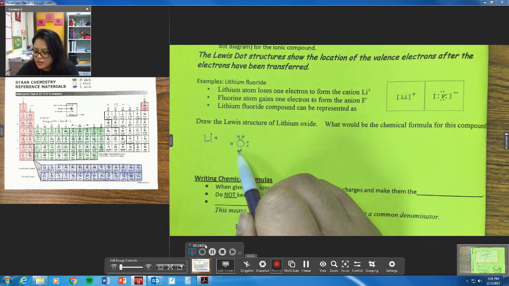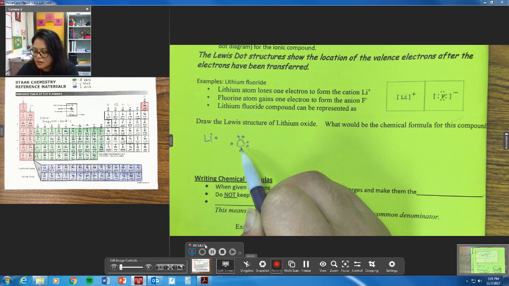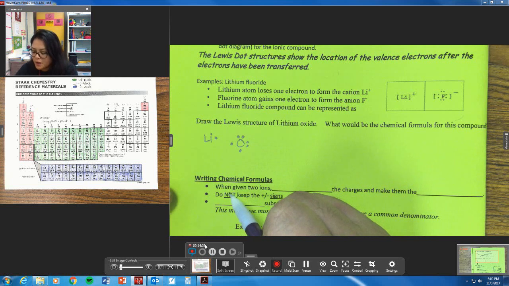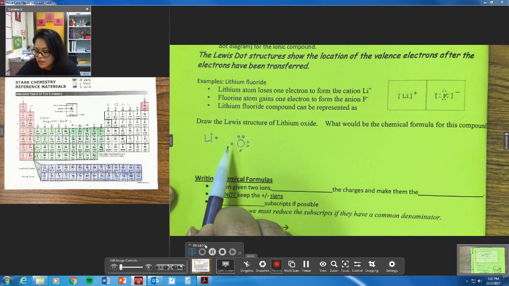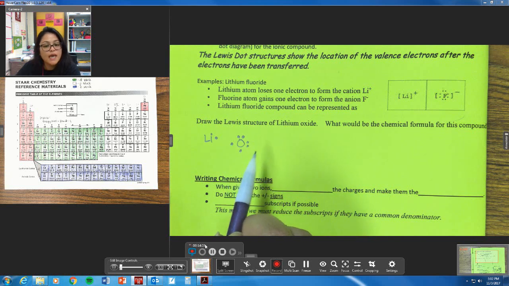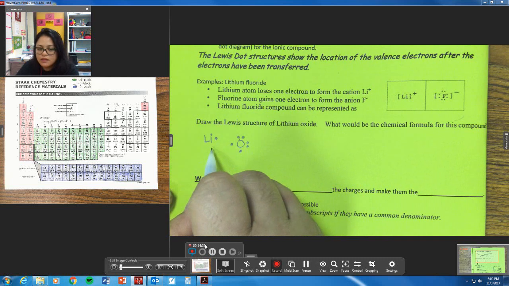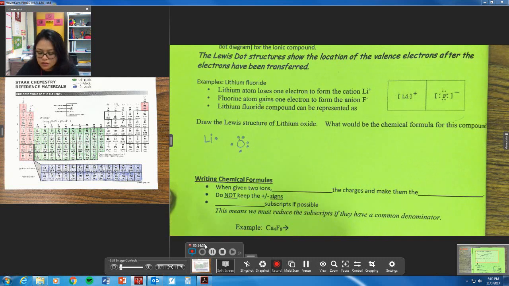And for oxygen, I've drawn 6 Lewis dots to represent its 6 valence electrons. How many more does oxygen need to complete its valence shell? If it has 6 valence electrons and wants 8, I'm going to need 2 more electrons. Lithium only has 1 electron.